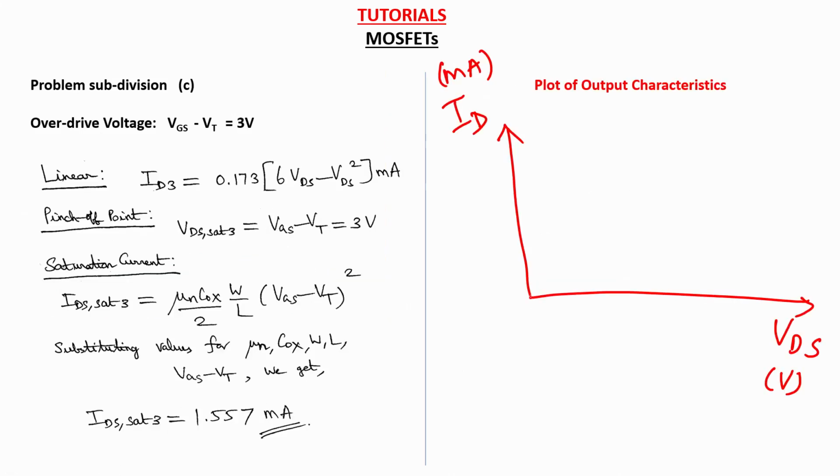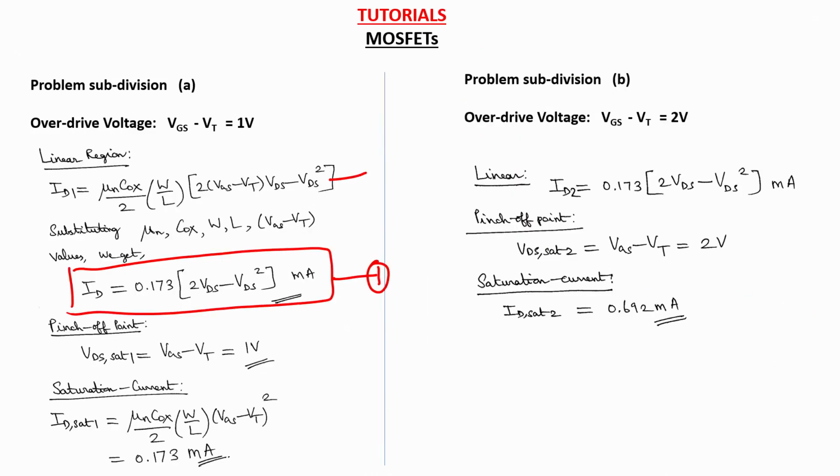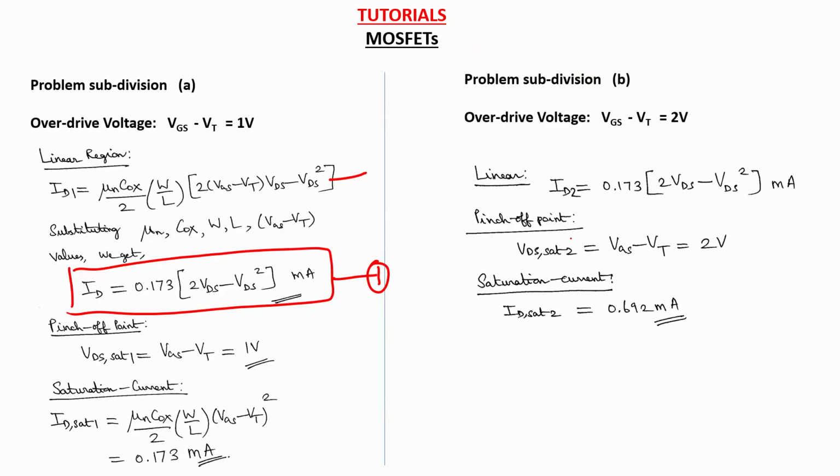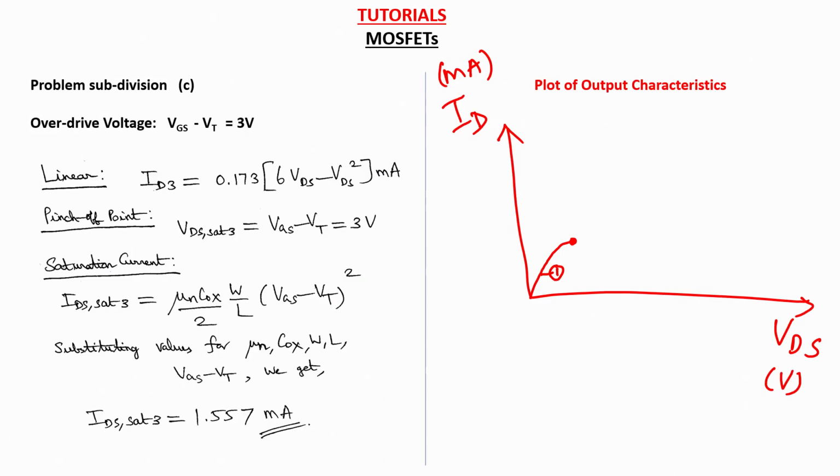So you can plot this curve here in the linear region. This curve is represented by equation 1, which you have just obtained, and the pinch off point is VGS minus VT, which is when the MOSFET enters saturation, given by VDS sat, and this is 1 volt for this curve.